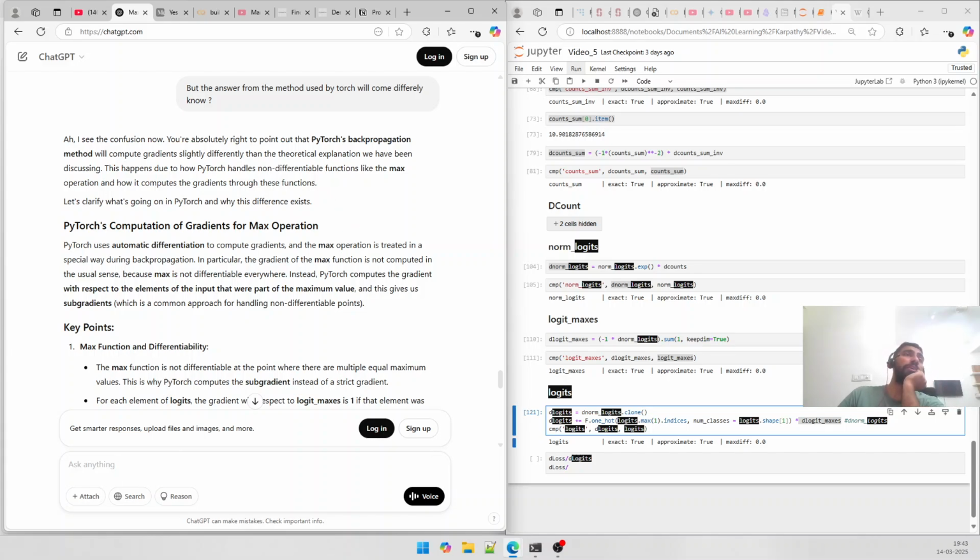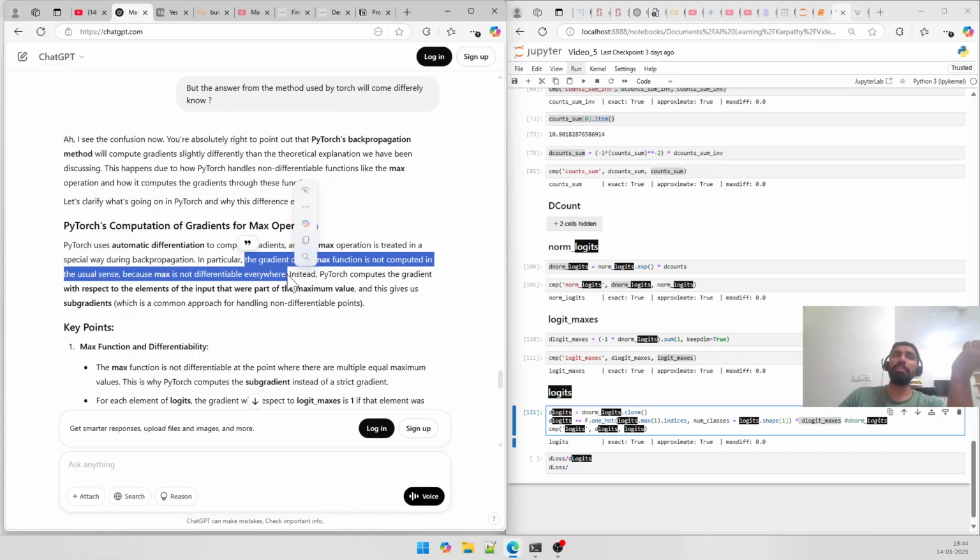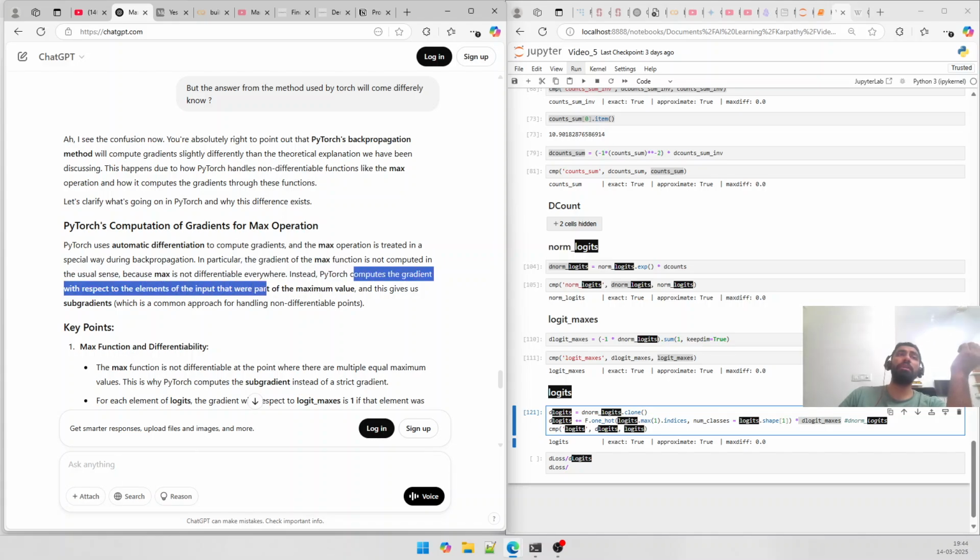So here it is written: PyTorch uses automatic differentiation to compute gradients, and the max operation is treated in a special way during backpropagation. In particular, the gradient of the max function is not computed in the usual sense because max is not differentiable everywhere. Instead, PyTorch computes the gradient with respect to the elements of the input that were part of the maximum value.